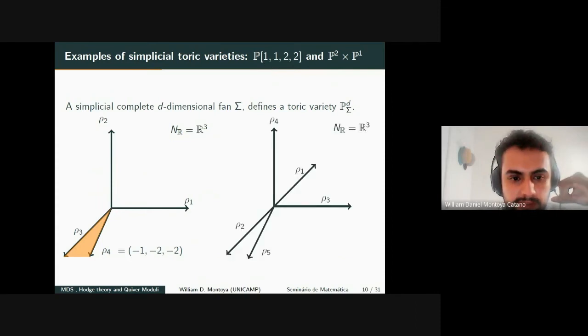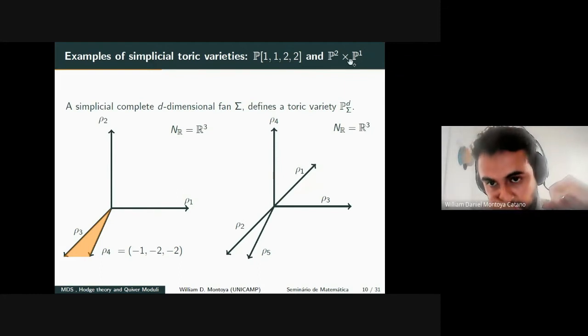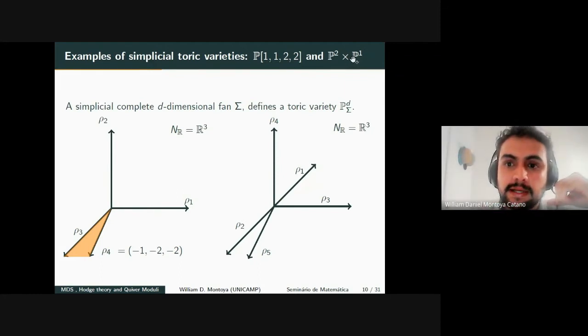Here are two examples. One is a weighted projective space that is singular, and in this case, the singularity is a toric curve, as described here. And the other one is very familiar for all of us, but with the distinction that it has Picard or class group with rank 2. This is a threefold.